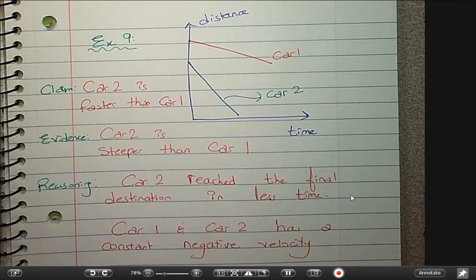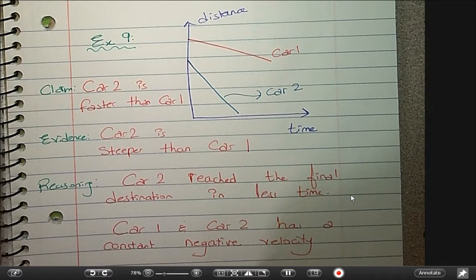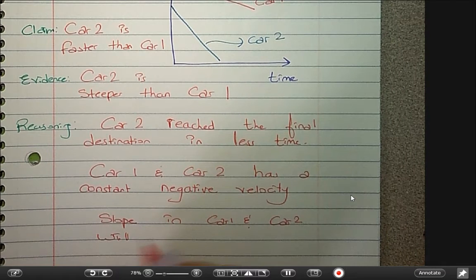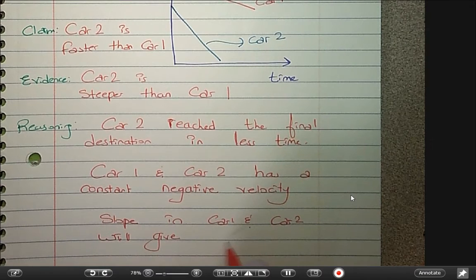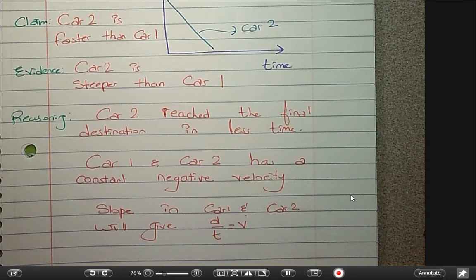So what we're doing is looking at the graph, trying to get the data. The slope in car 1 and car 2 will give distance over time, which is your velocity. Okay?